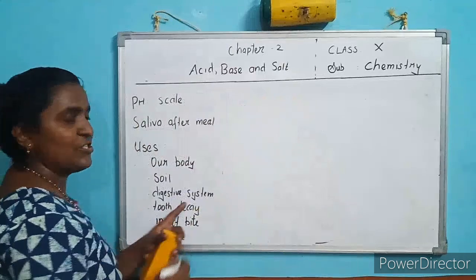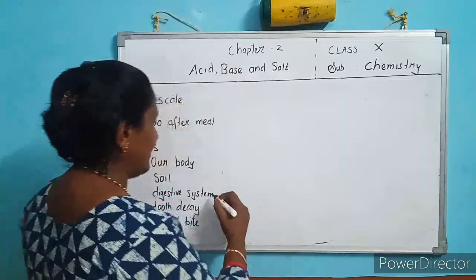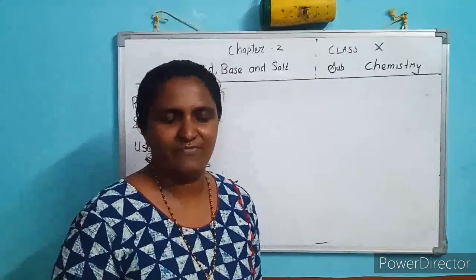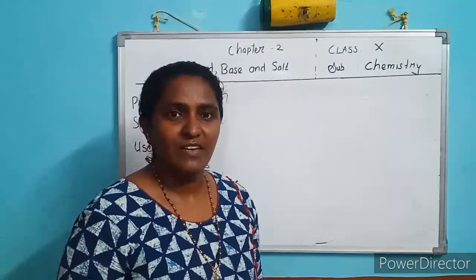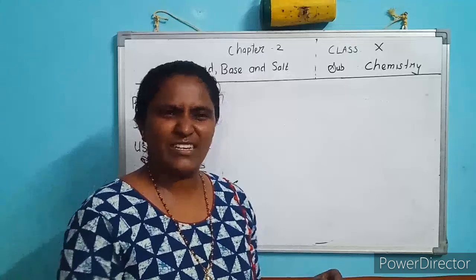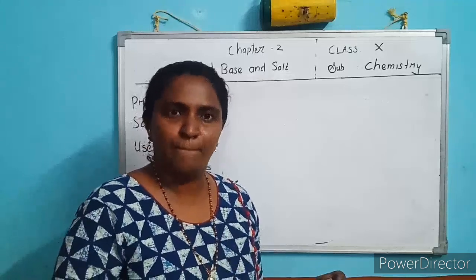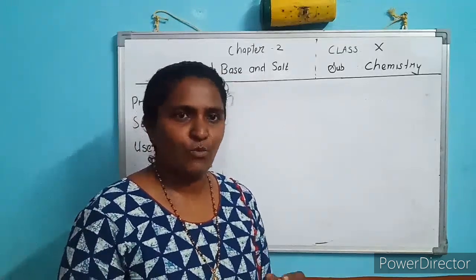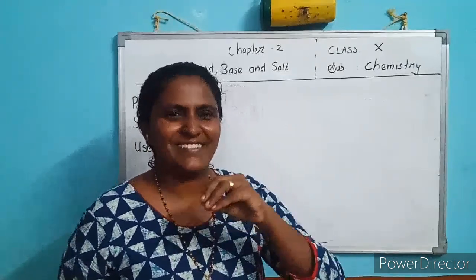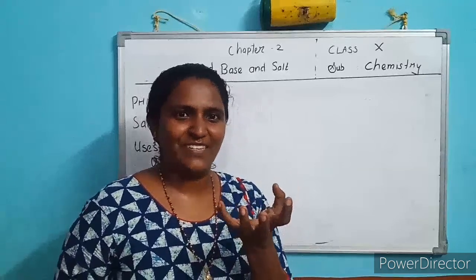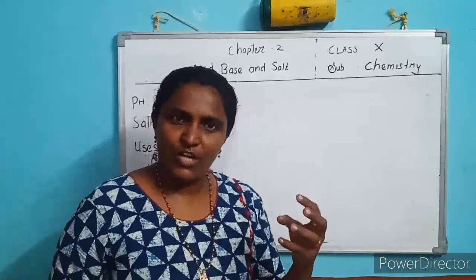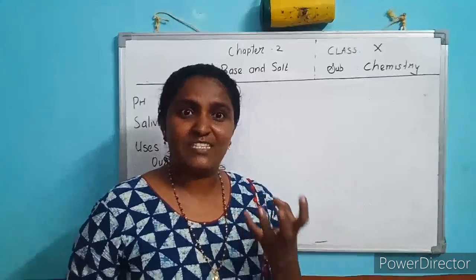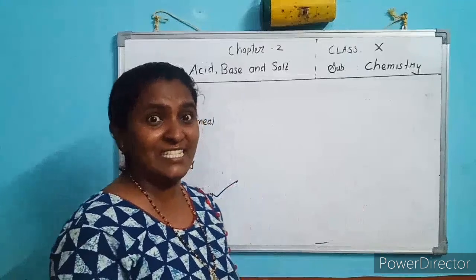Second thing, digestive system. Sometimes we feel stomach pain, stomach ache. Why? Because over secretion of HCl acid by the stomach causes severe pain. So what do we do? We may eat a base. Eno, you know Eno. It is a base. If you go to the doctor, he prescribes a medicine which is rich in base, that is milk of magnesia.